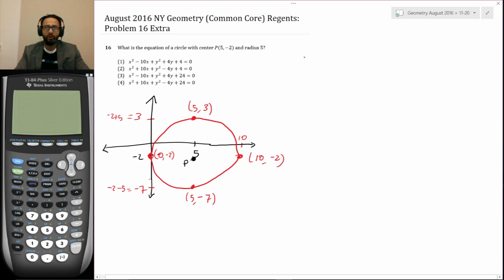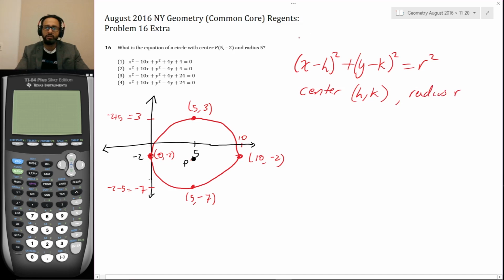Again, we do want to know this: x minus h squared plus y minus k squared equals r squared, with the center h comma k and radius r. So this is a standard form for the equation of a circle.